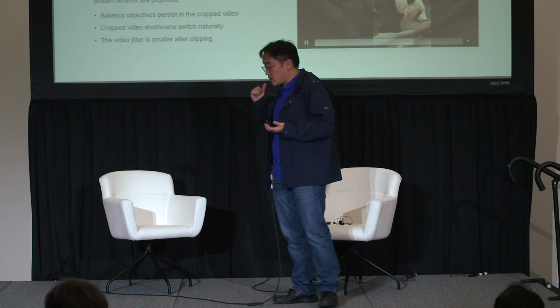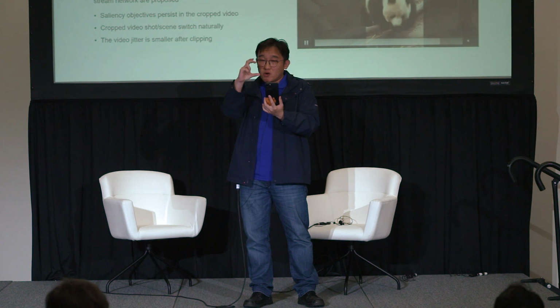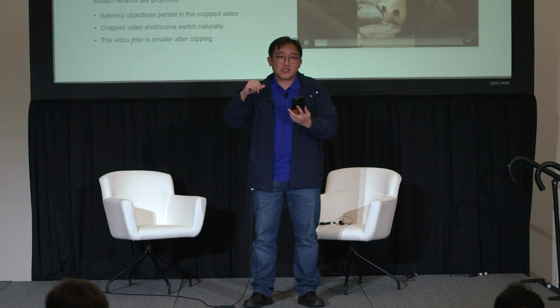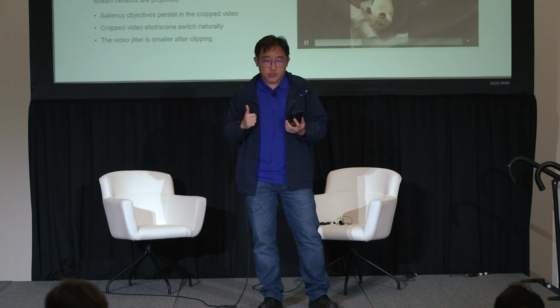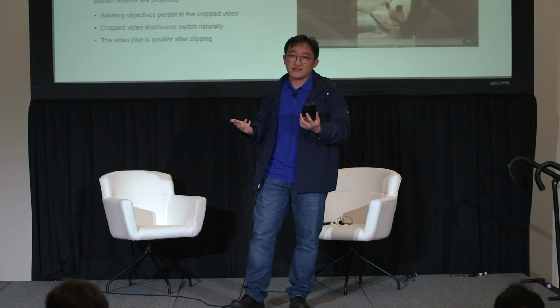This is our demo for the horizontal and portrait conversion. Usually when you watch a video on your phone vertically, the video will be resized smaller but keeps the same aspect ratio. But this makes it too hard to see the content in the video. It's too small.